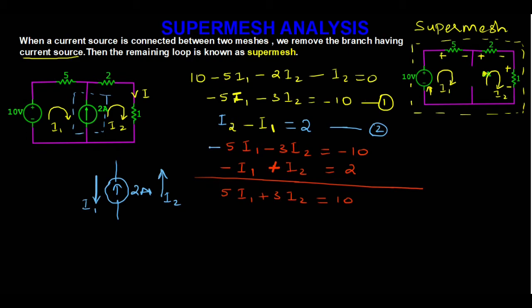Then I will multiply the second equation by minus 5, giving 5I1 minus 5I2 equals minus 10.